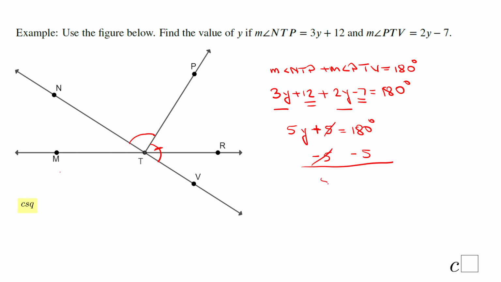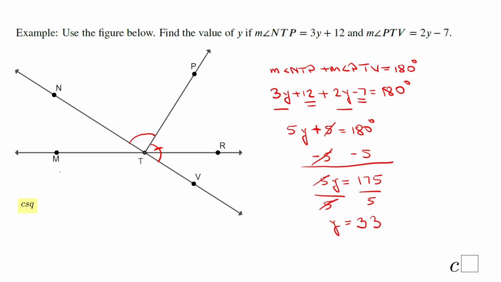And I have 5y equals 175 divided by 5. I have y equals 3 and 15 divided by 5, 33. Let me double check. 175 divided by 5.